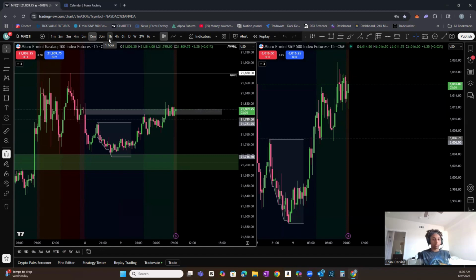As far as what I'm looking for, all of my trades start off on higher time frame PD arrays, so 15 minute and above. Sometimes I'll take it off the 5. There's enough displacement, and we have a reaction off of a higher time frame PD array.